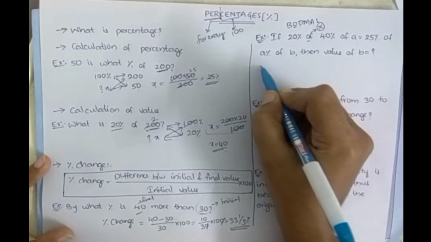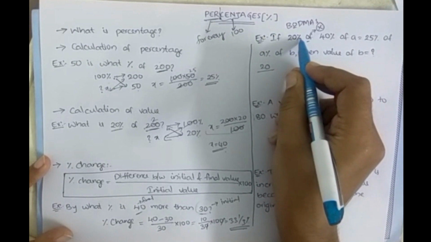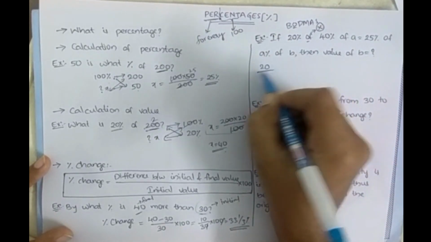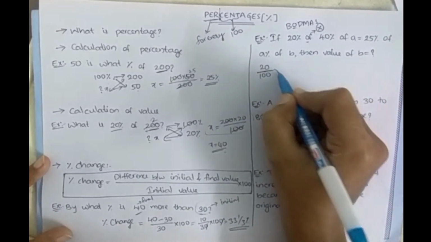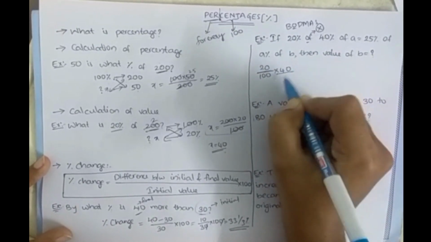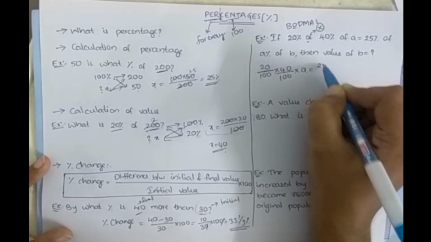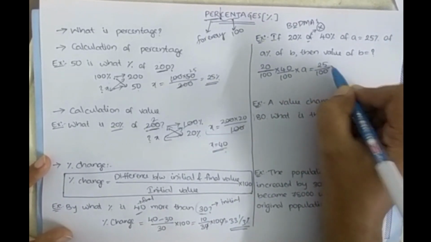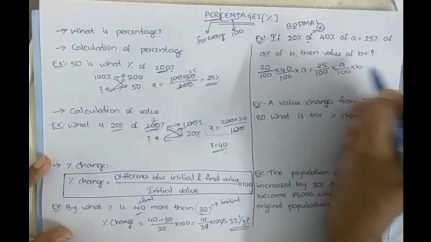So let us replace every "of" with multiplication. It gives us 20%, 20 per cent means 20 by 100, into 40% into A is equal to 25% into A percent into B.